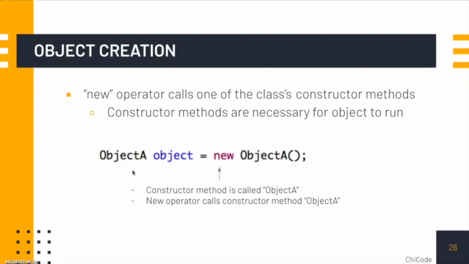When I mentioned before that there were two types of variables, primitive type and object type, this is an object type because the reference that is coming out of the new method that is created is of object type. We created a new object called object A, and object A is of type object A. So we want to make sure that we store the variable in the correct type.